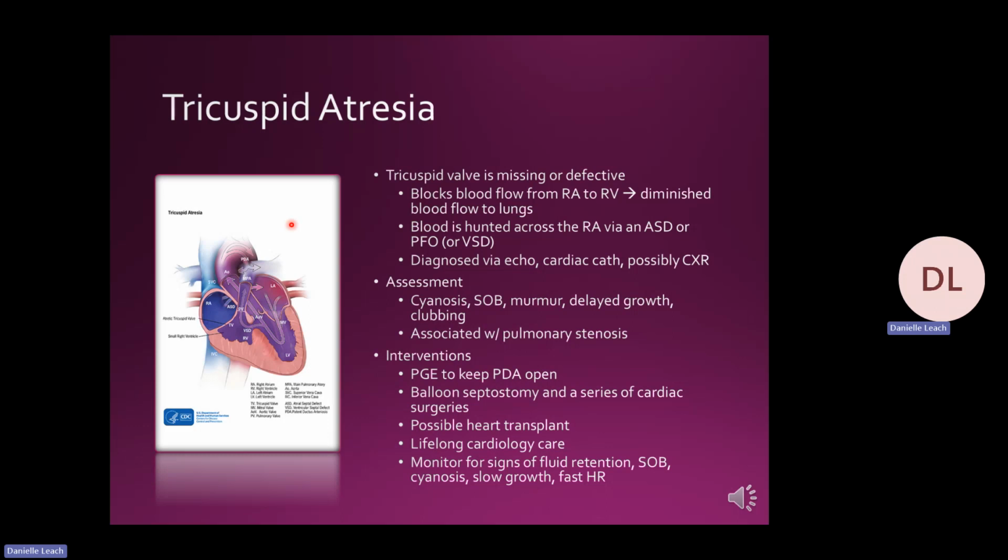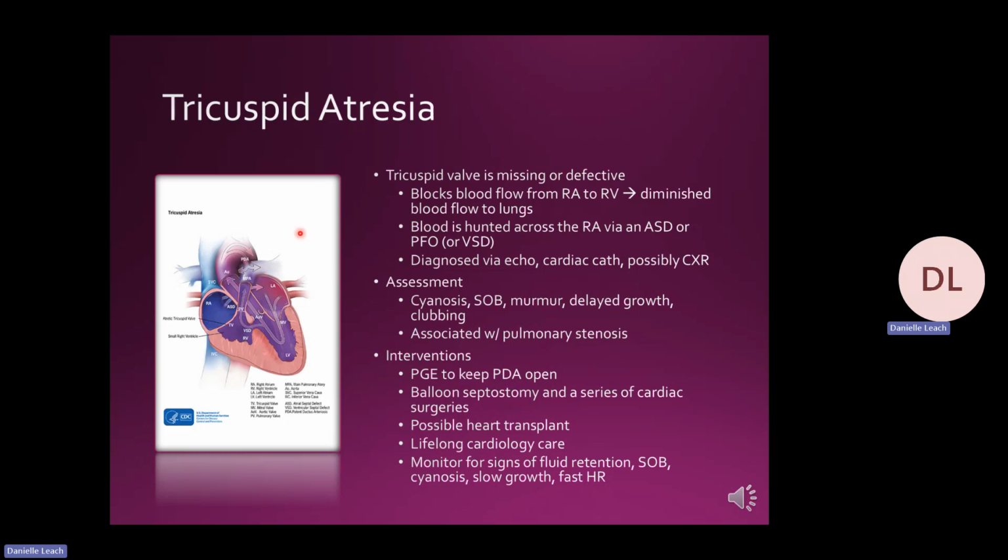They could also be short of breath, have a murmur, have delayed growth, and clubbing. This is also sometimes associated with pulmonary stenosis, which is what we talked about on the last slide with tetralogy of Fallot, where sometimes this pulmonary artery can be stenotic, basically not formed properly, too narrow.